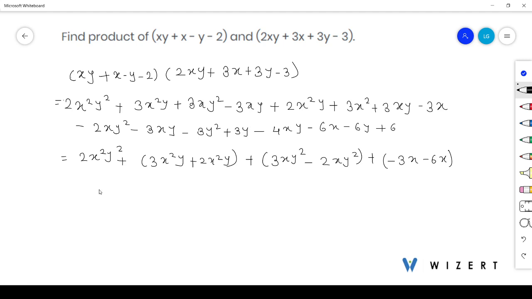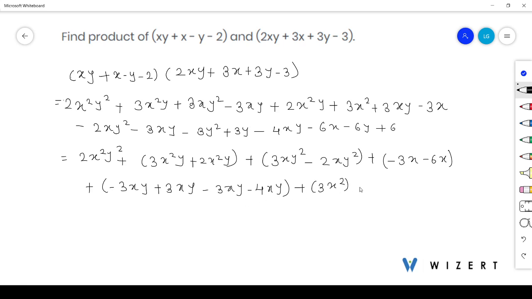Then for xy, minus 3xy plus 3xy minus 3xy minus 4xy. Then for x square, it will be 3x square only.